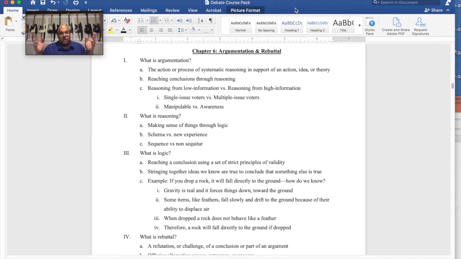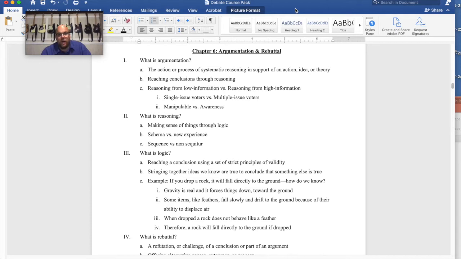I mean, you can make the argument that that's a huge issue, and you could do that with any issue, but you're doing it from a single spot instead of this high information or multiple issue vote, where the person may say, okay, well, I don't really love either party, I don't love either candidate, but this person is more in line with where I am, so I'm going to vote for them, even though we're not a perfect match. I'm a 30% match with this person and a 60% match with this person. I'm going with the 60%.